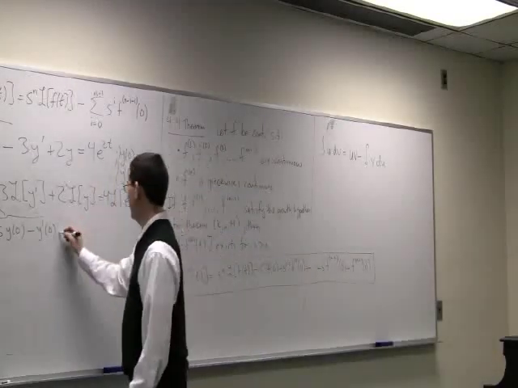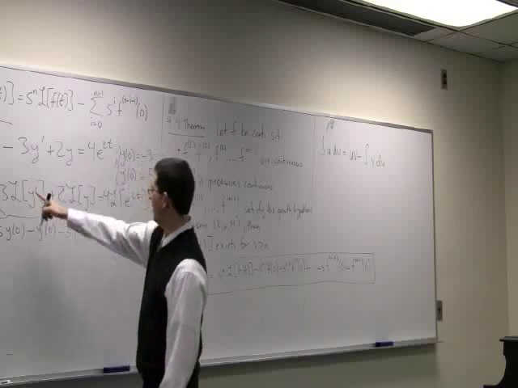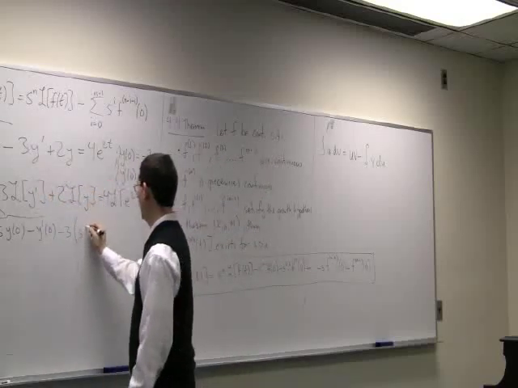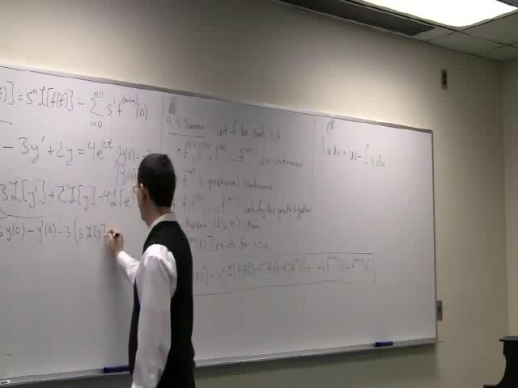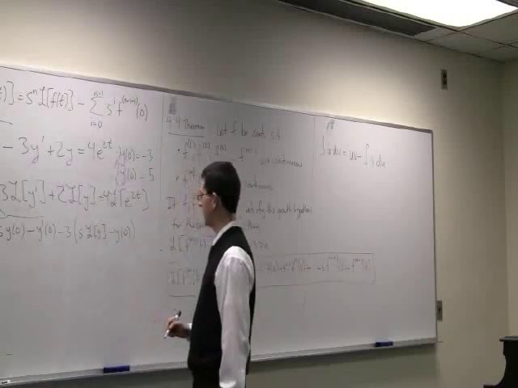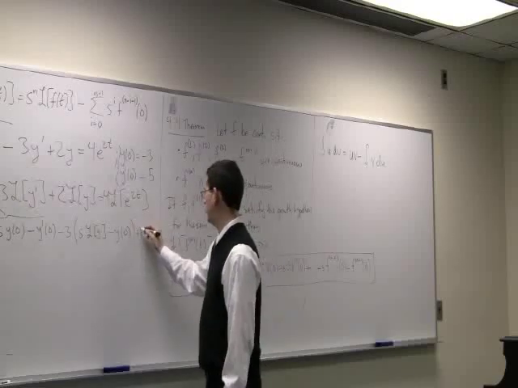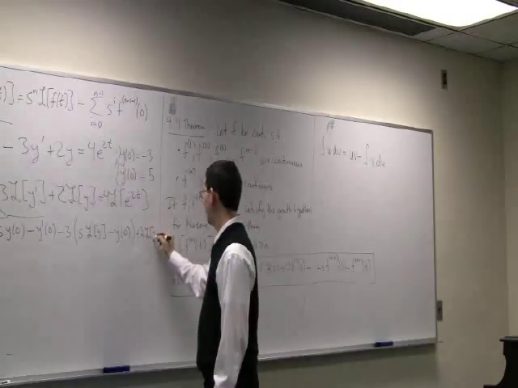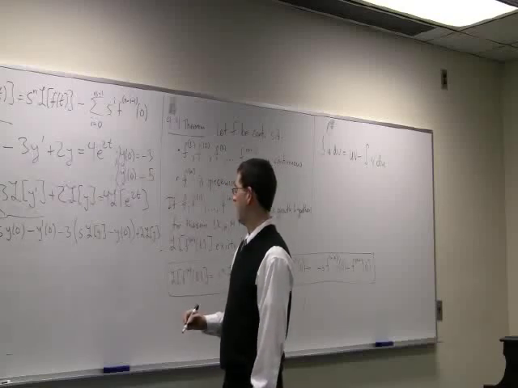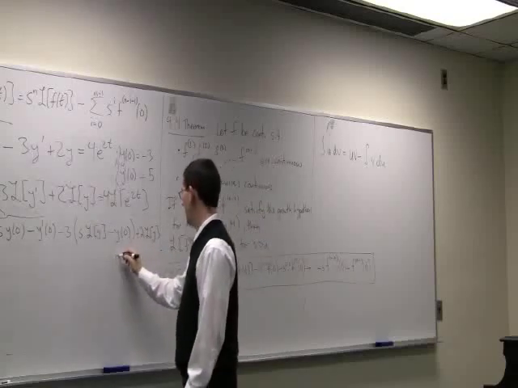Okay, and then we need minus 3 L of y prime. Okay, that we just did. There you have to do s L of y minus y of 0. And then finally 2 L of y. Okay, and what does that equal?